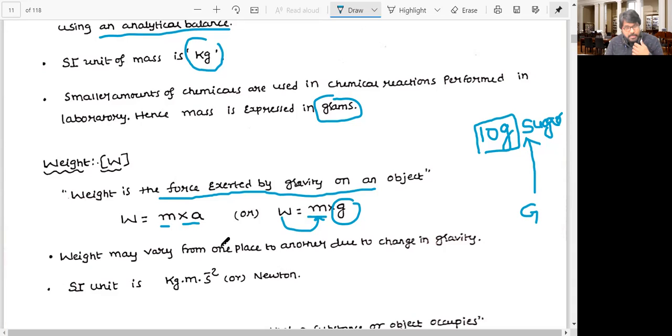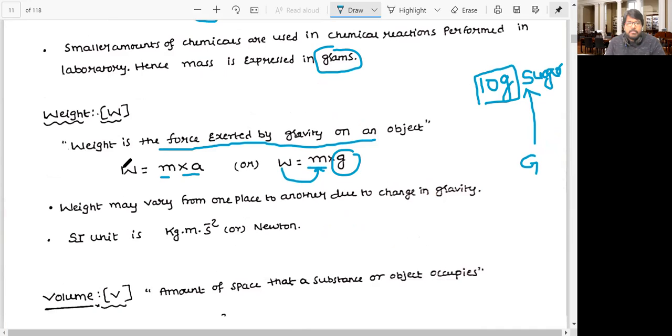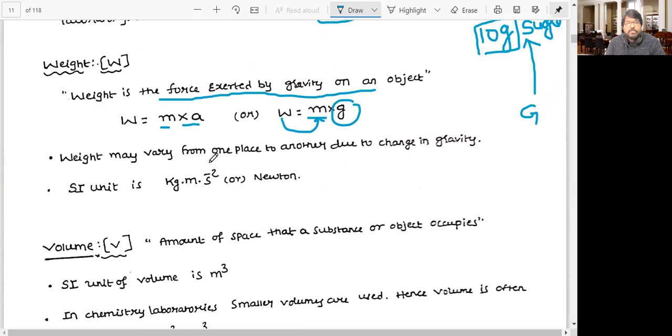In my discussion also, sometimes I'll say weight and sometimes mass. But the fundamental difference I cleared already. I told you already, weight is directly proportional to M, and the weight may change from one place to another place due to the change in gravity.